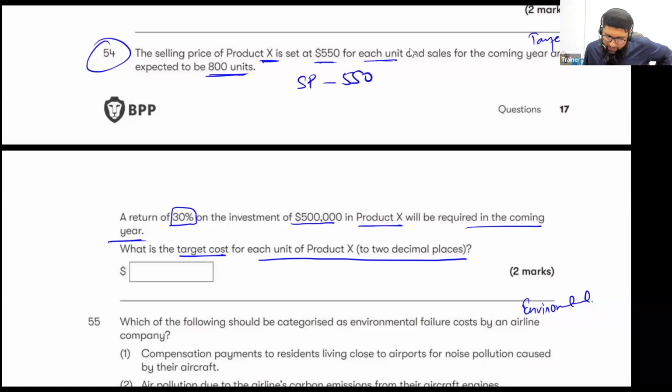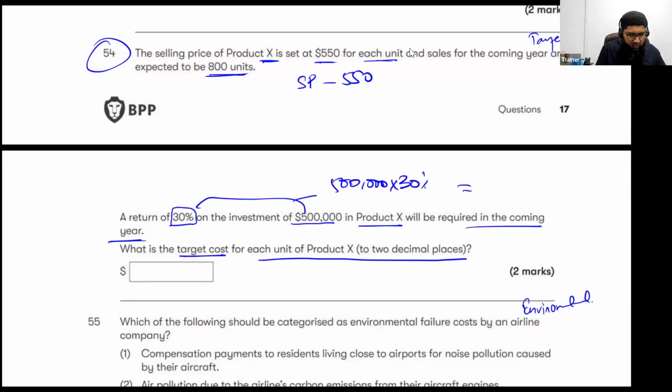A return of 30% on the investment of 500,000 will be required in the coming year. So this return is going to be 500,000 multiplied by 30%, which gives you 150,000.